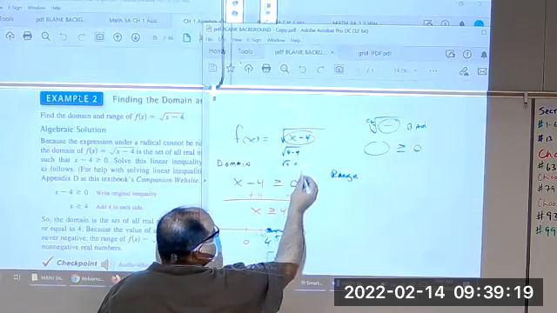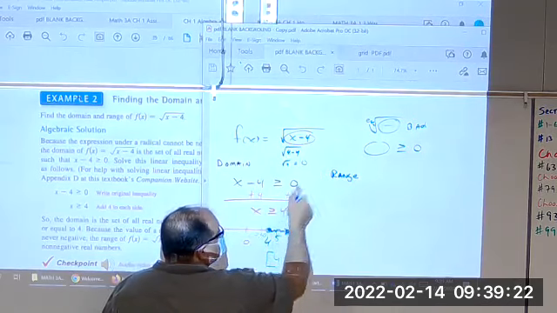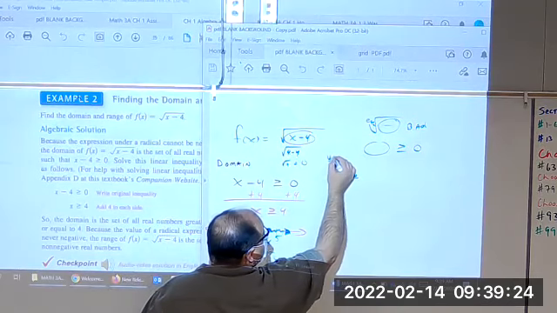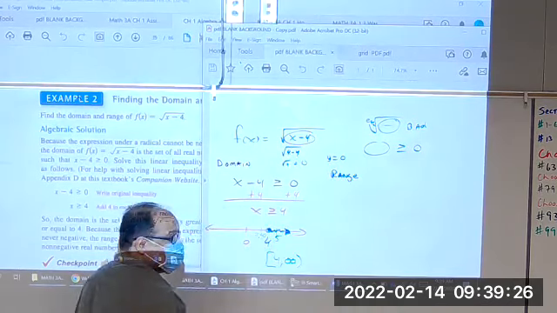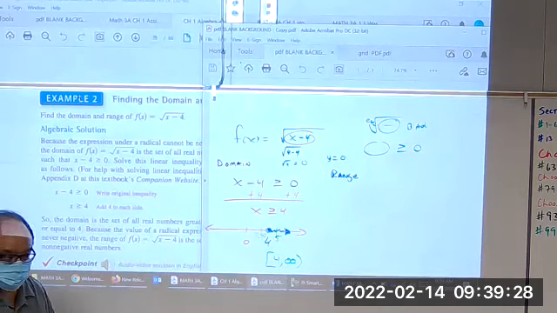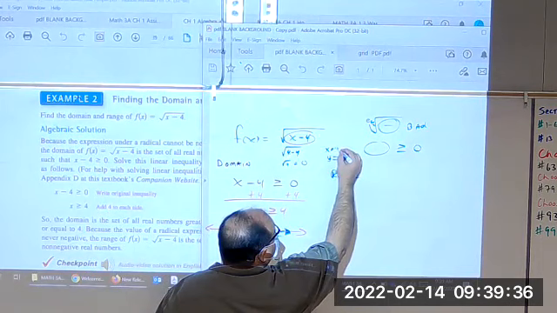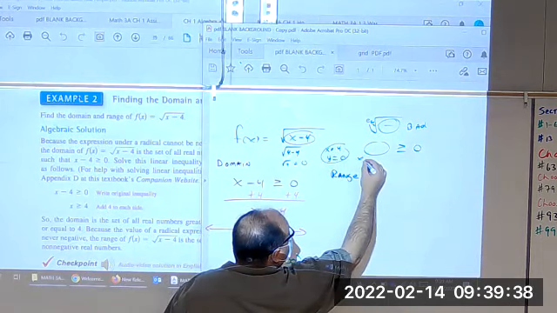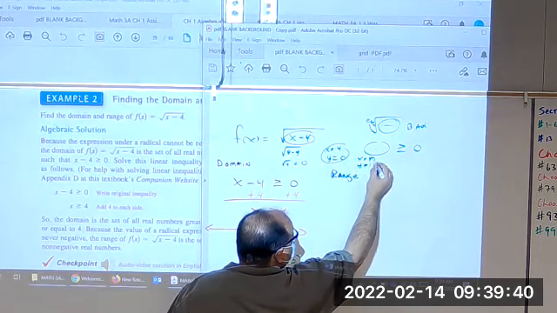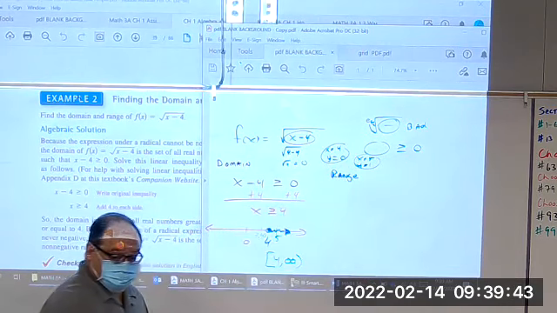And the square root of 0 is 0. So that means I get a y equal to 0 when I plug in 4 for x. Now, when x equals 4, we got 0. When x equals 5, we got y equals 1. It's going up.